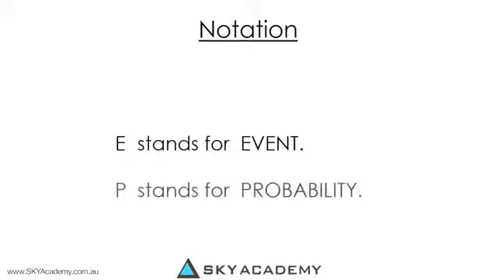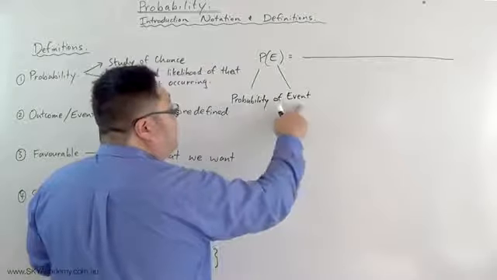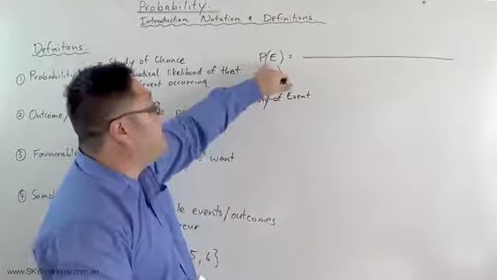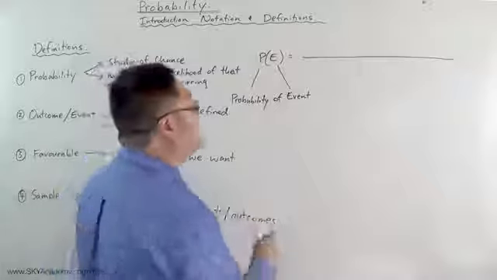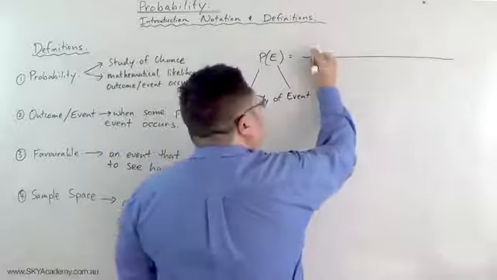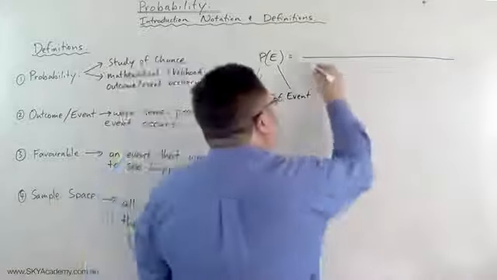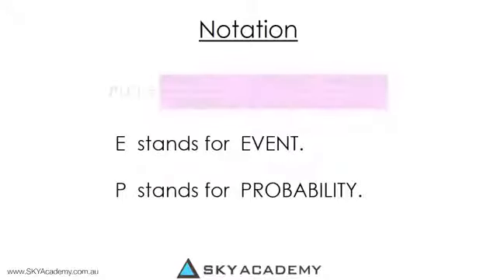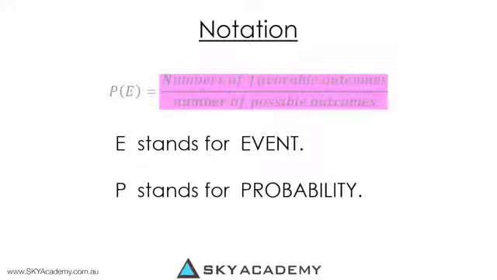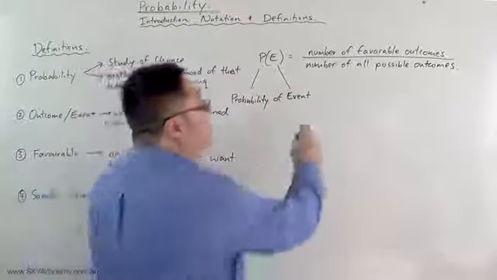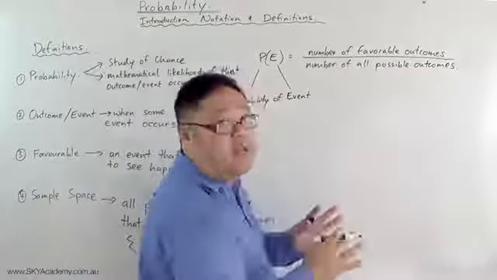So the probability of an event is written as P(E), and the way that we define it is the number of favorable outcomes over the number of all possible outcomes. When it comes to rolling a 3, how many favorable outcomes are there?